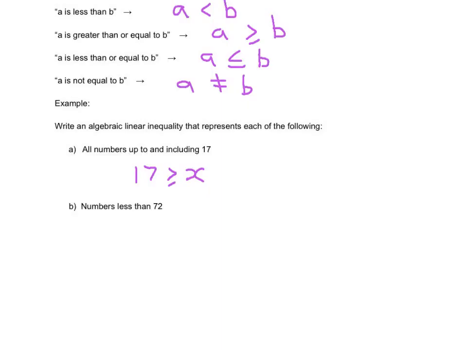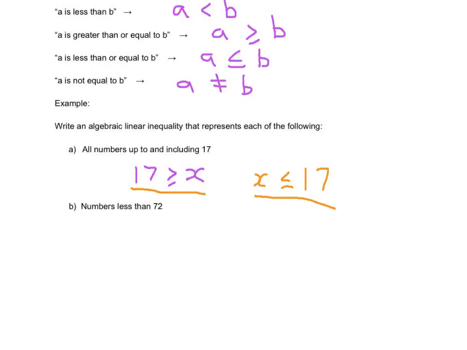You could also, it means the exact same thing, you could also write x is less than or equal to 17. Those are exactly the same statements. Either is fine. They're saying the exact same things, but notice how you'd read them differently. This one you would read 17 is greater than or equal to x, and this one you'd read x is less than or equal to 17.